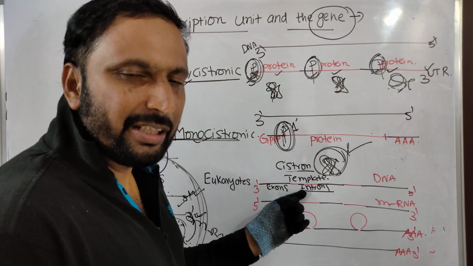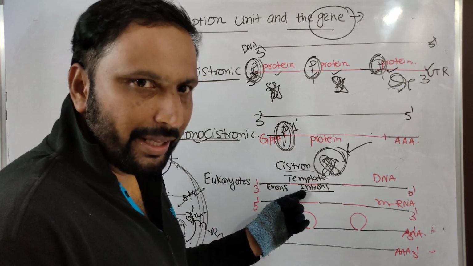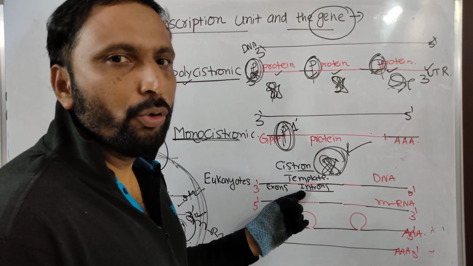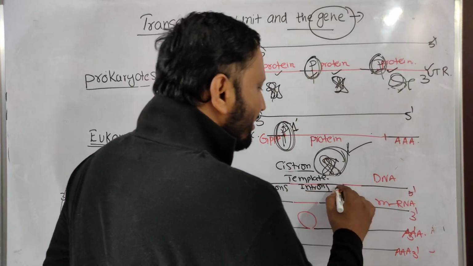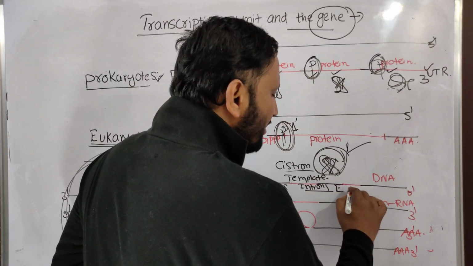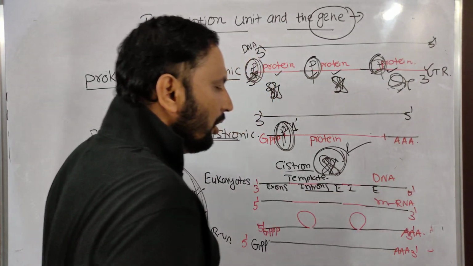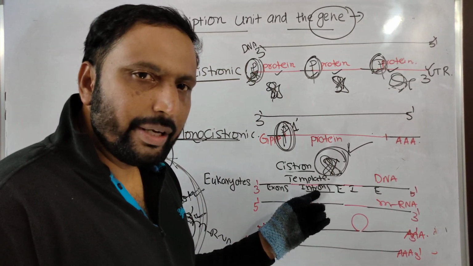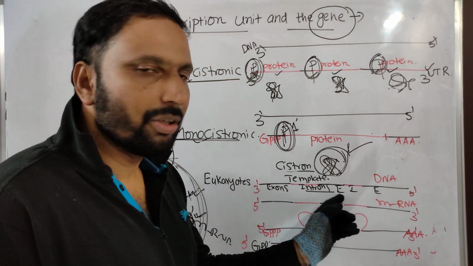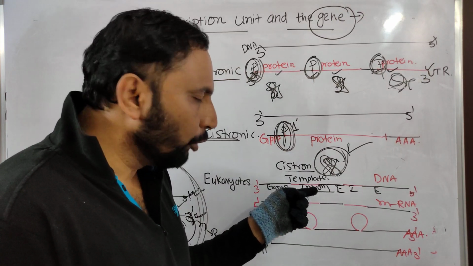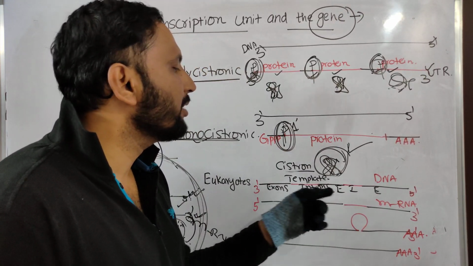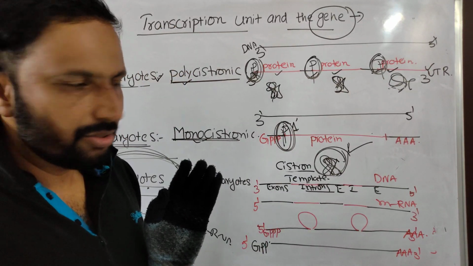Introns are not at all involved in coding. They are the unuseful nucleotide sequence. So exons, introns, again exons, introns, exons. The intervening, unuseful nucleotide sequence present between the exons is called an intron.